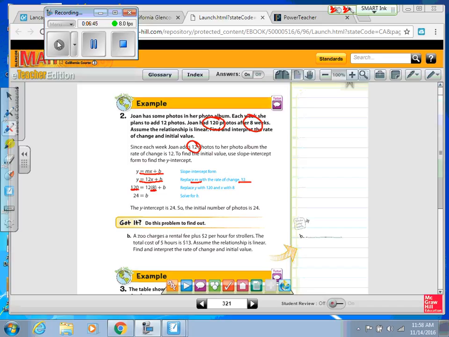If we solve for b, we're going to know what the initial value was. So our final equation is going to be y equals 12x plus 24, and the initial amount of photos that she started out with was 24.